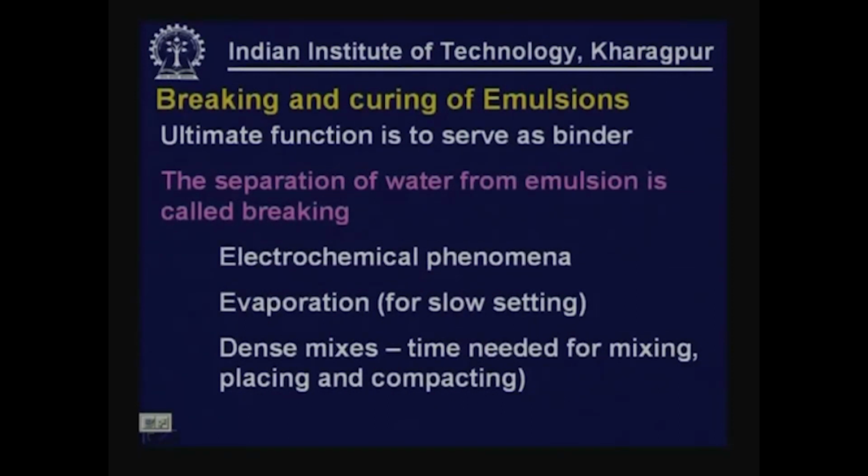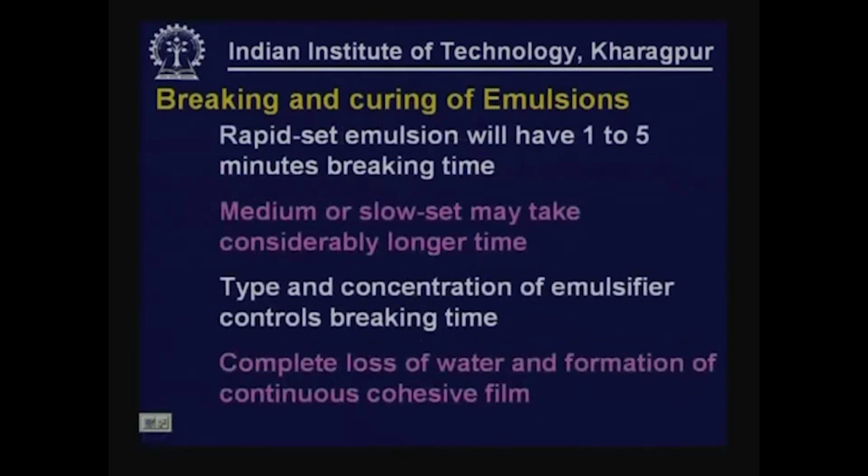For dense mixes, the time needed for mixing, placing and compaction will also have to be assessed. Normally, rapid setting emulsions will have about 1 to 5 minutes of breaking time. If within 1 to 5 minutes bitumen can coat whatever surface it is supposed to coat, then rapid setting emulsion can be used. But medium and slow setting emulsions may take considerably longer time.